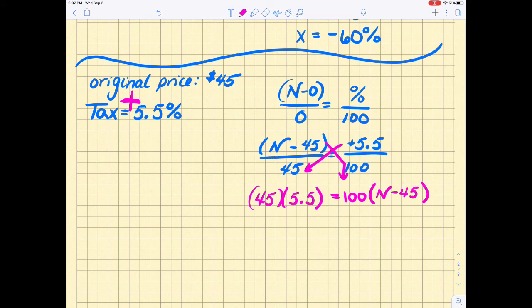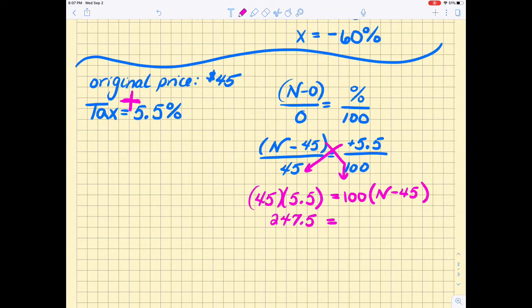So this one's a little different when we go to solve. Let's first look at the left side and see what we can do with the left side. So 45 times 5.5, let's figure out what that is. That's going to be 247.5.